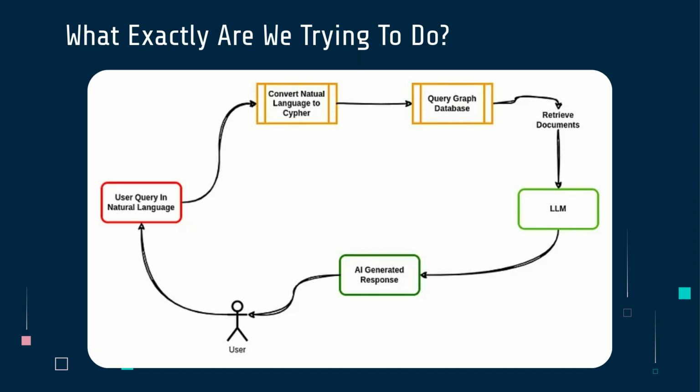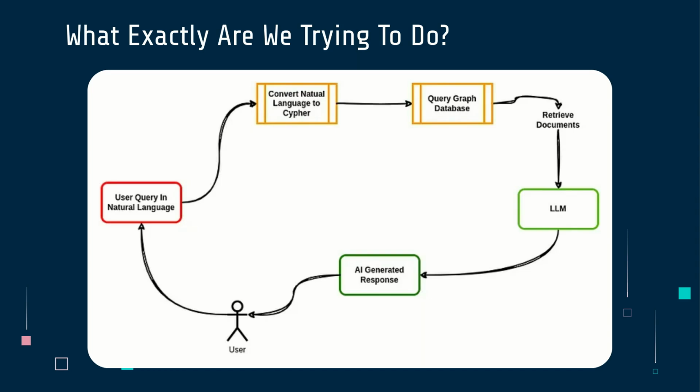In a GraphRAG system, what we simply do is convert the natural language, which is English, into Cypher code, which is programming code that can be executed on a Neo4j graph database. We execute the code on the Neo4j graph database, basically converting our English into Cypher code, talking to the database using that Cypher code, because that's the only language that the graph database, in this case Neo4j, understands.